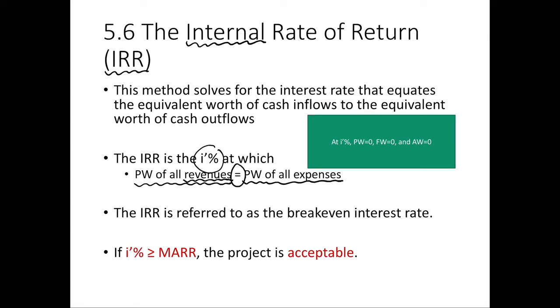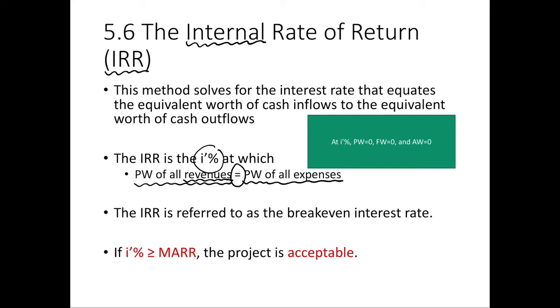In our class, we don't need to do the calculation of that. It's very complicated. But the takeaway is the I prime percent is something that can make your expenses recovered by your revenue. Just make it even, so that you don't lose, you don't gain, you just make an even case. And that I prime is called internal rate of return.